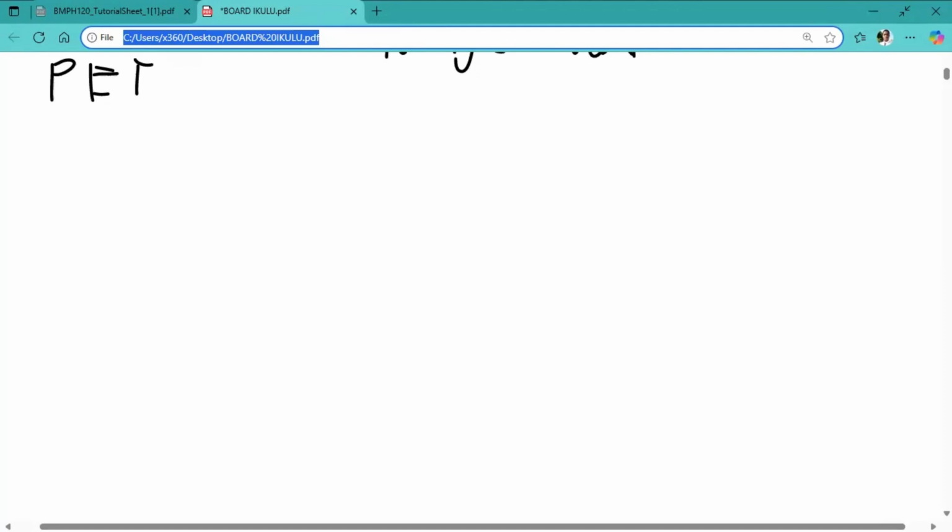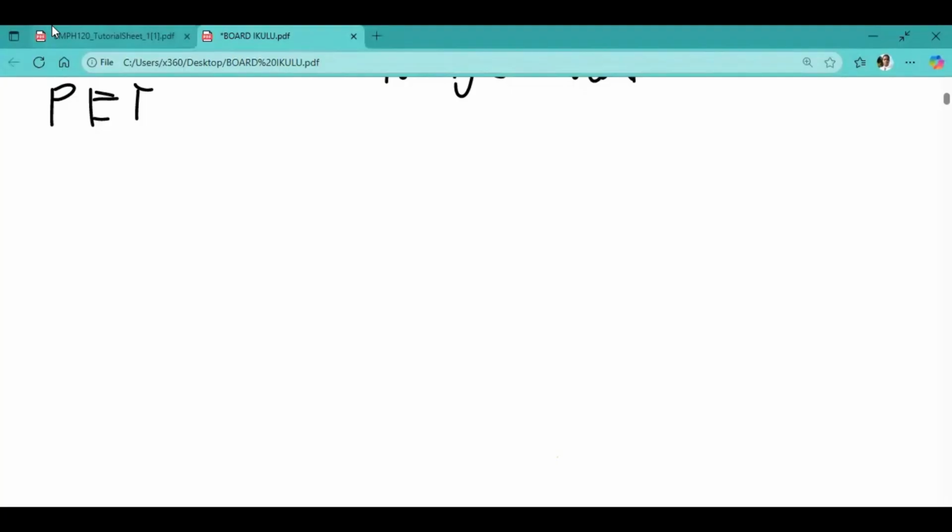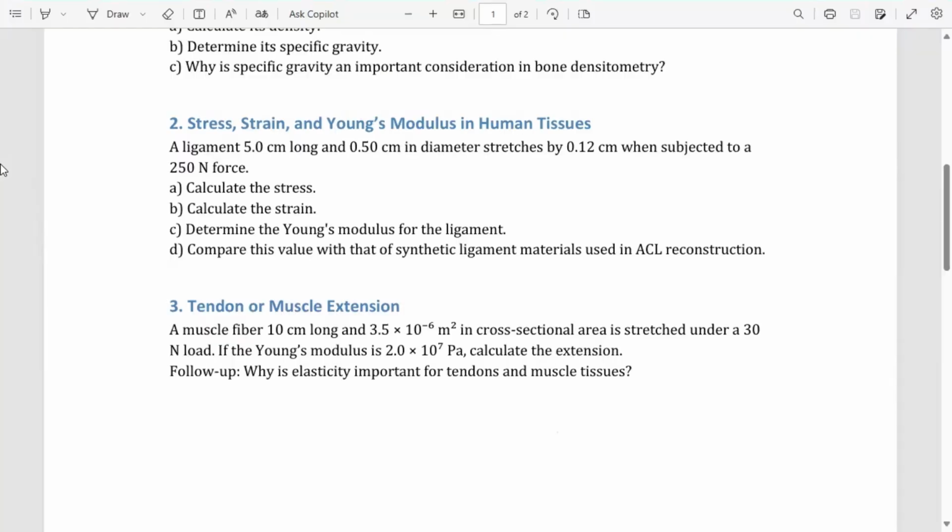So that's how you can simply compare the Young's modulus of the natural ligament given in our question to the Young's modulus of the synthetic ligaments they're talking about. This is information you can find in books. Okay, so that's all in question 2.